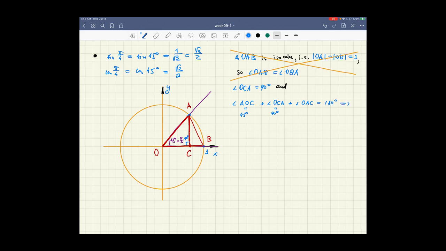So from here, the angle OAC is 180 minus 45 minus 90, and that's again 45 degrees. So we obtained that the angle OAC is 45 degrees.